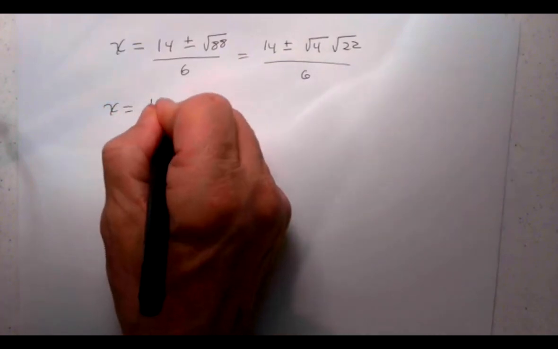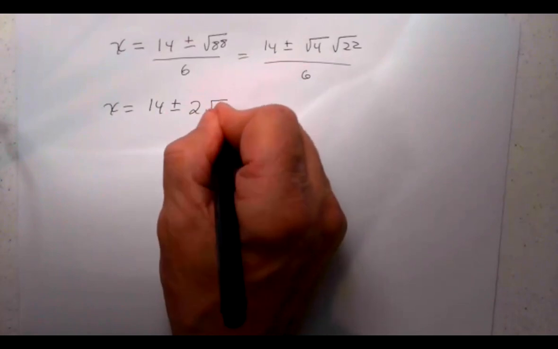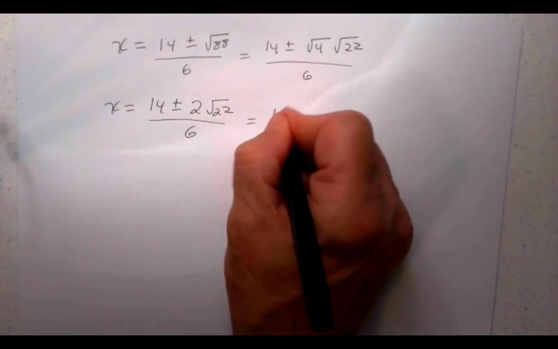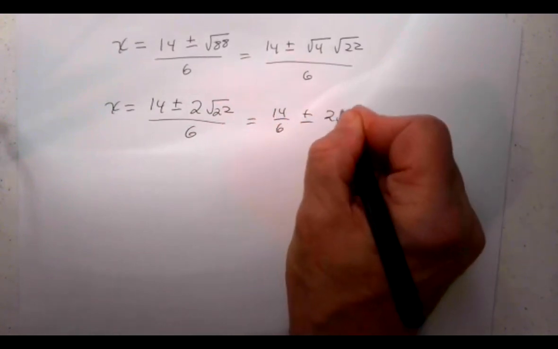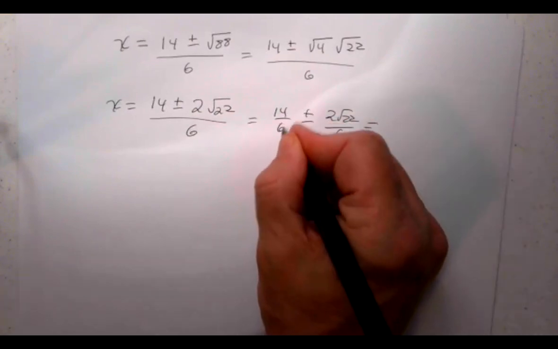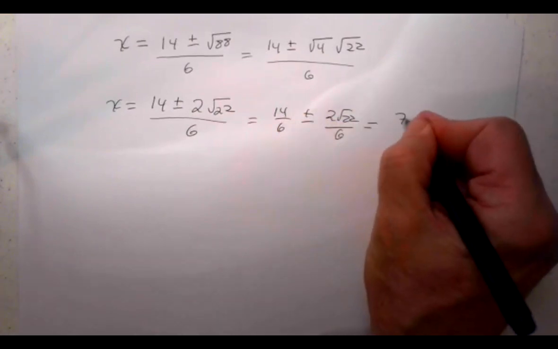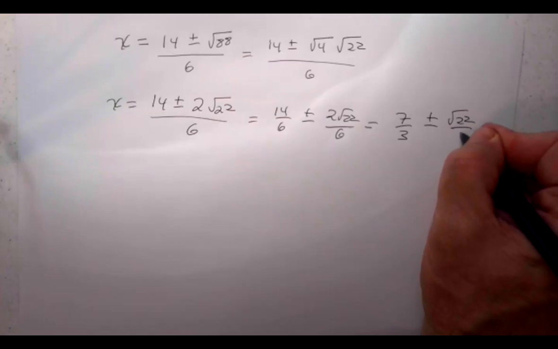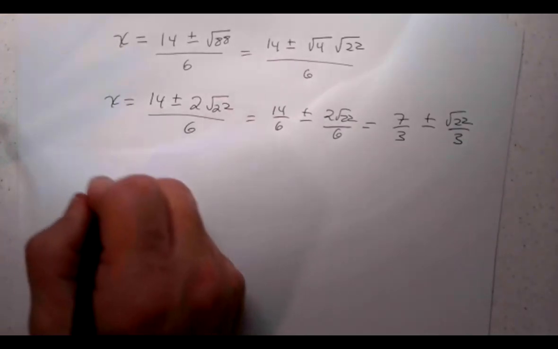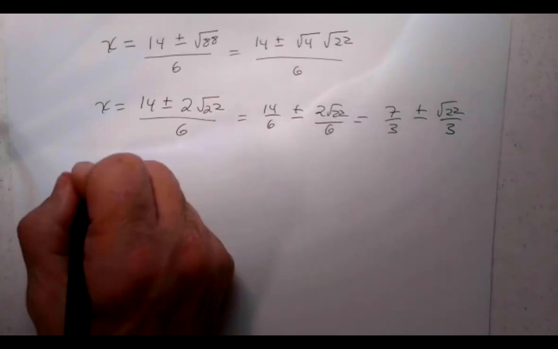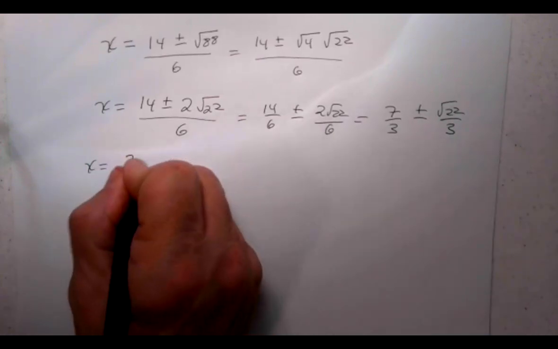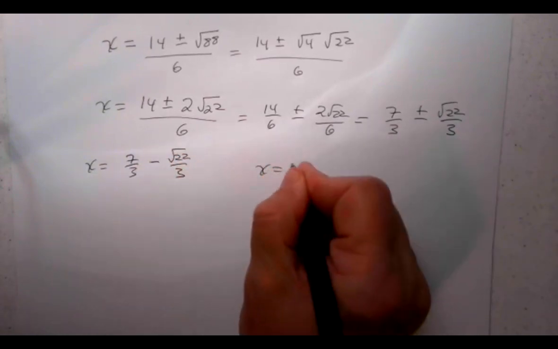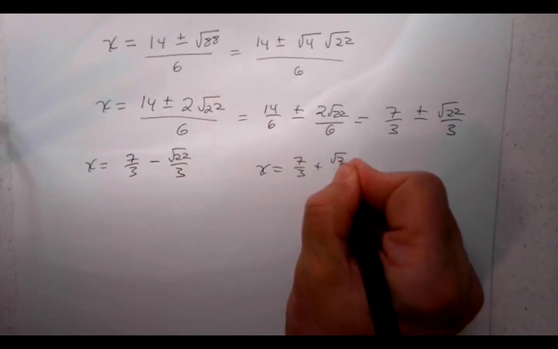So x is 14 plus or minus 2 root 22 over 6, which is 14 over 6 plus or minus 2 root 22 over 6. 14 over 6 divided by 2 is 7 over 3, plus or minus 2 over 6 is 1 over 3, root 22 over 3. So I get my two intercepts. I get x is 7/3 minus root 22 over 3, and x is 7/3 plus root 22 over 3.